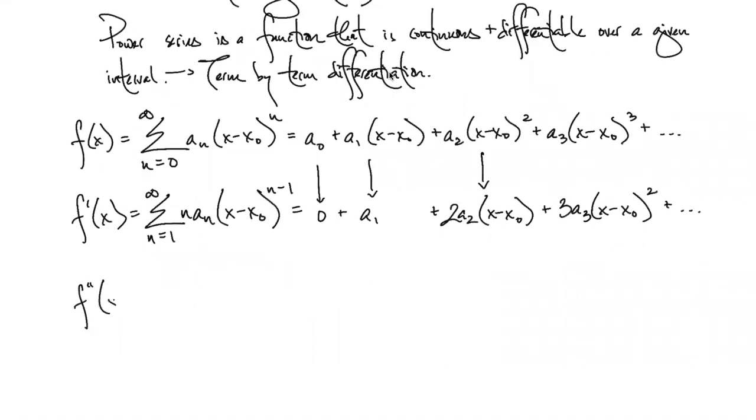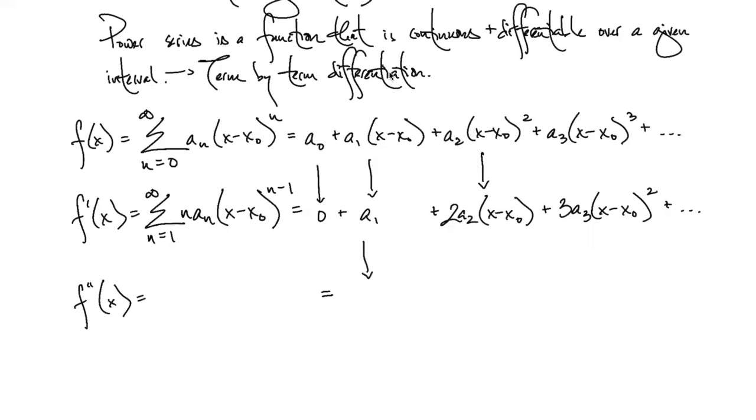Now, because we are looking at second order differential equations, it would probably behoove us to write out a pattern for our second derivative if we used term-by-term differentiation. So I'll leave a space here, and let's take our derivative.